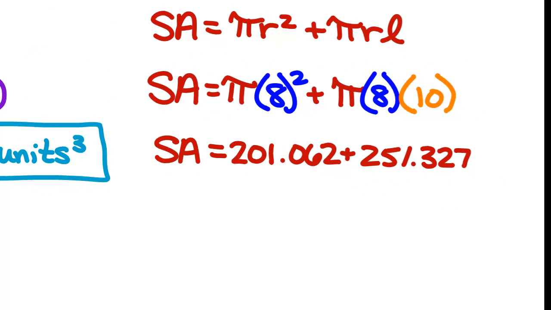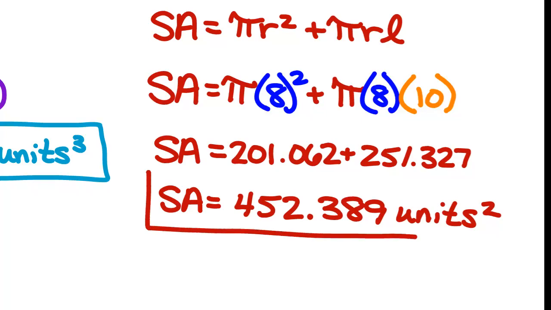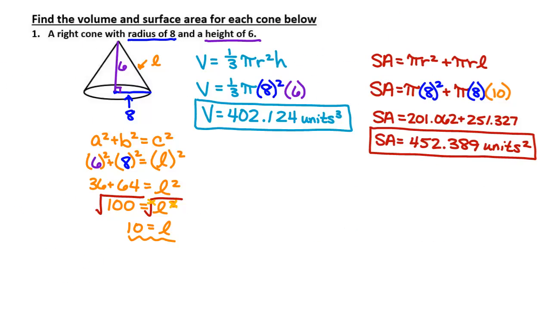So we have the area of the circle, and then we have our lateral surface area. We're going to add those two together. I get 452.389 units squared. Nicely done.